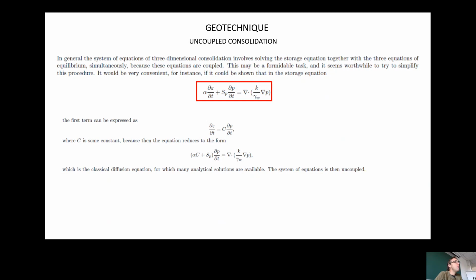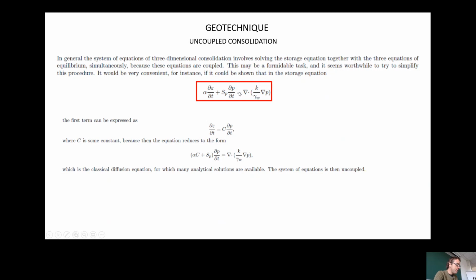And this is, of course, what is called the classical diffusion equation, for which many analytical solutions are available. And in this case, the system of equations is uncoupled. I can tell you that if we are talking about linear equations, it's not impossible that we can solve even the coupled solution.